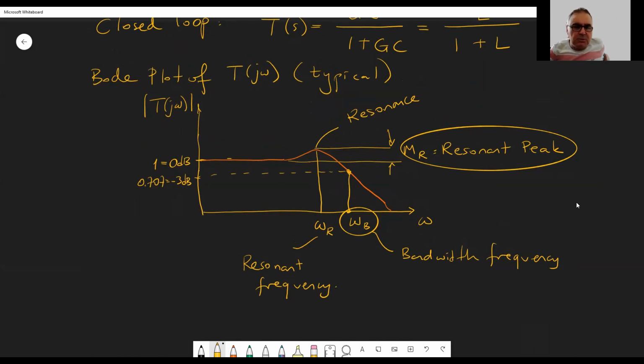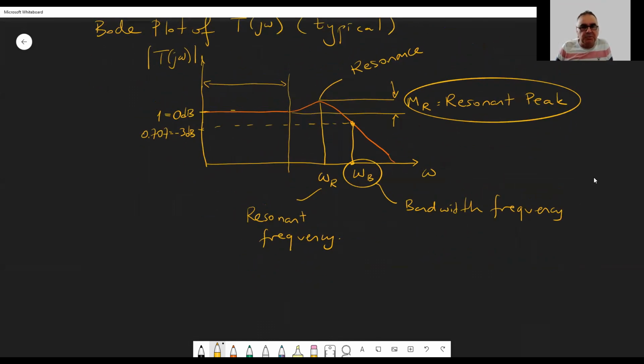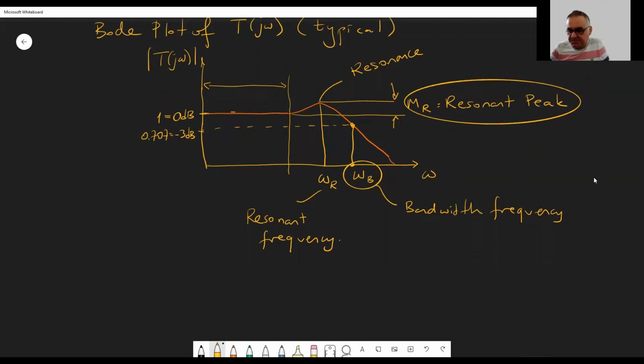When this thing is equal to 1, it means basically that in this region, whatever this region is, the output is exactly equal to the input. So let's call this region star.